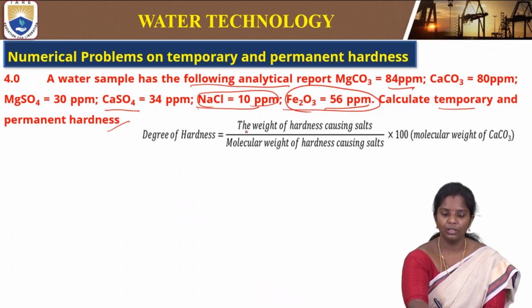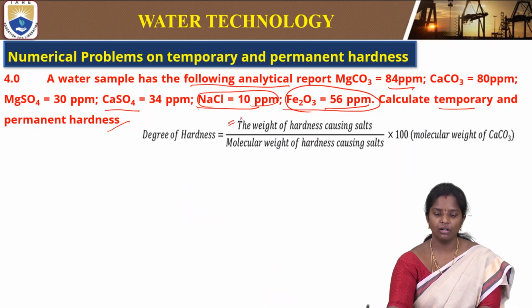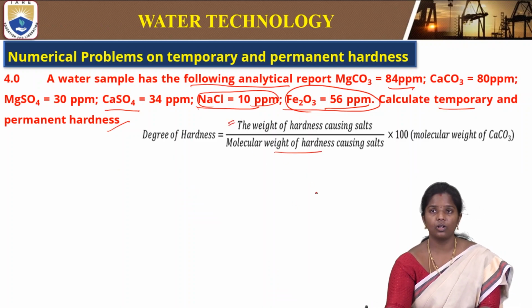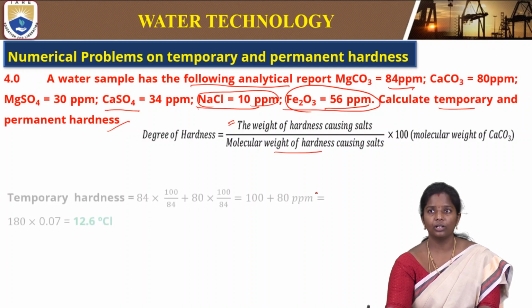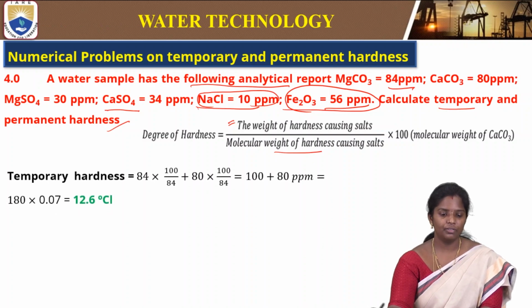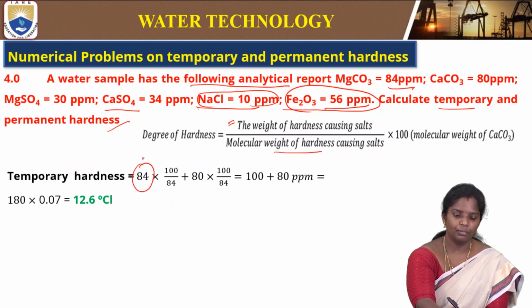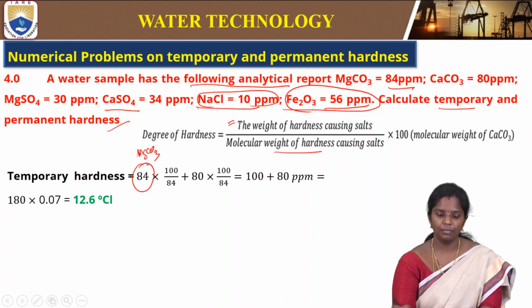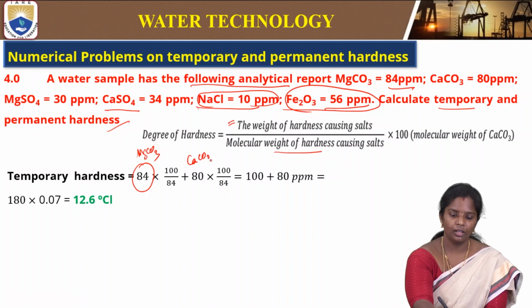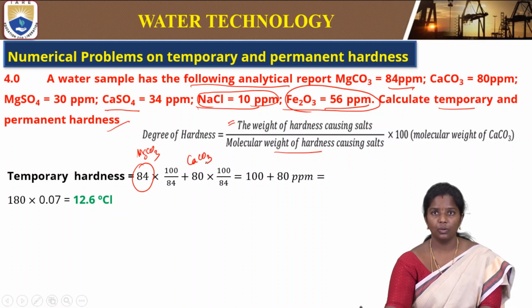We use the same formula: weight of the hardness causing salt divided by the molecular weight of the hardness causing salt, into 100, the molecular weight of calcium carbonate. We substitute the magnesium carbonate and calcium carbonate present in the water.